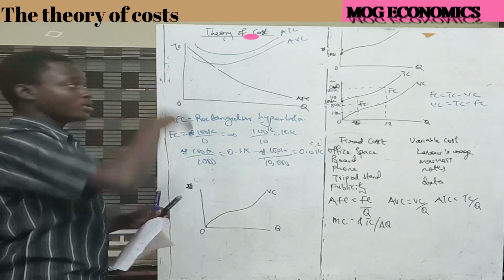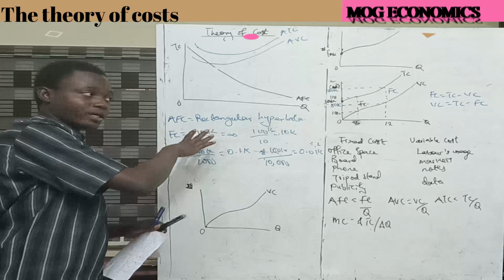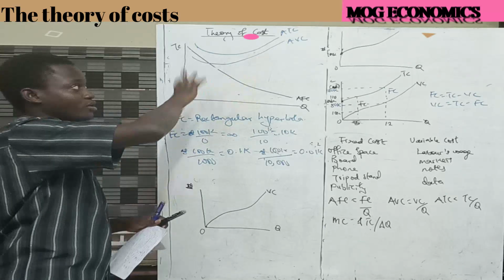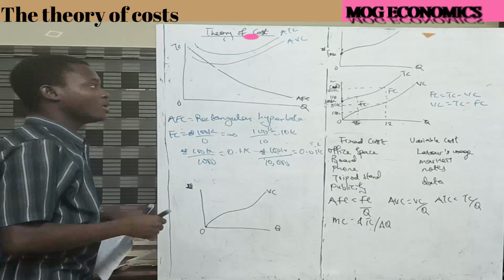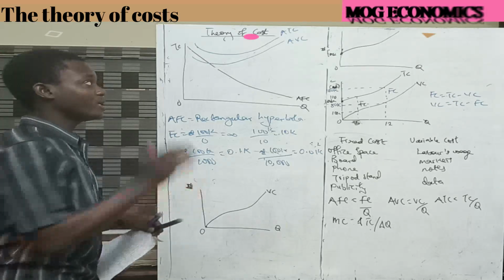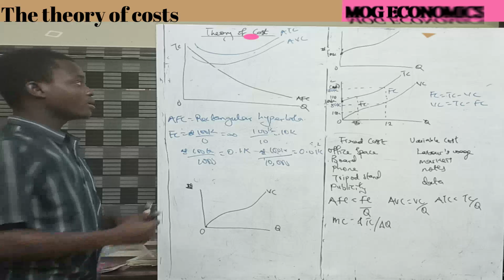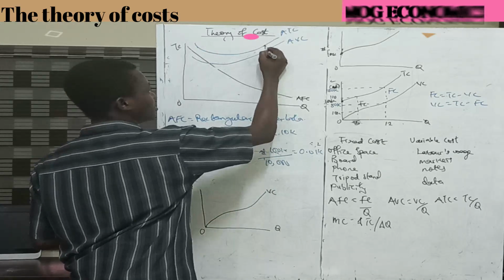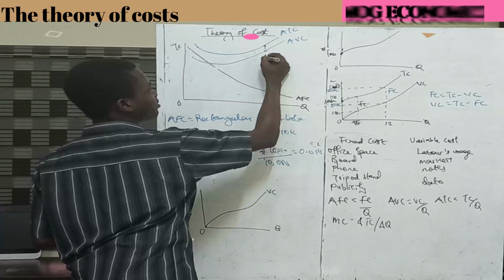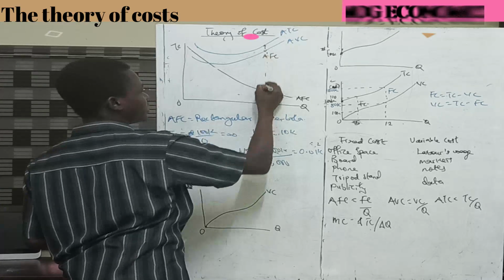That's why they are both U-shaped. And this is short run, so you have fixed cost, and there's going to be a difference between your total cost and your variable cost. But in the long run, there is no fixed cost, so your ATC will be your AVC. The difference between this and this, ATC minus AVC, will give you your AFC.